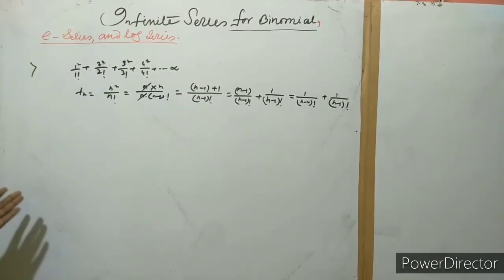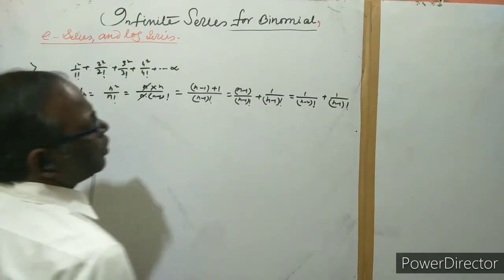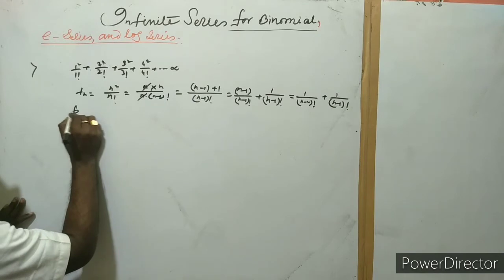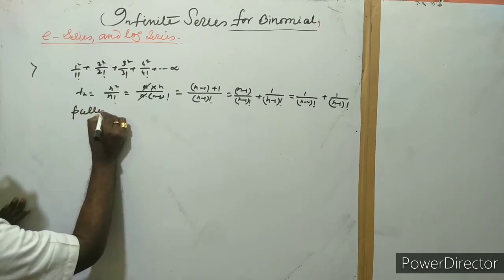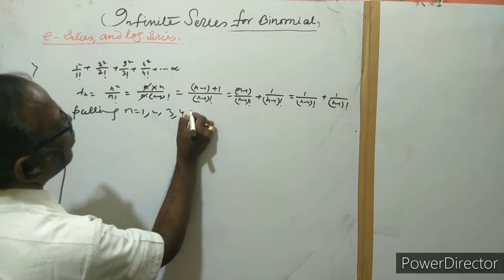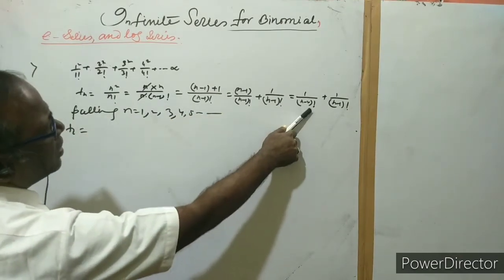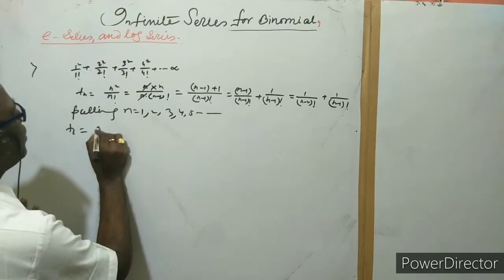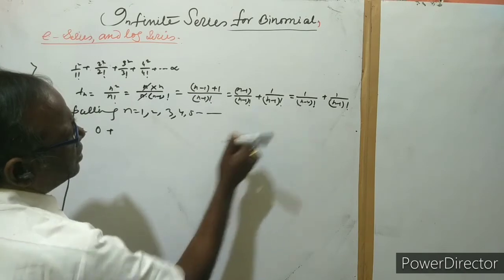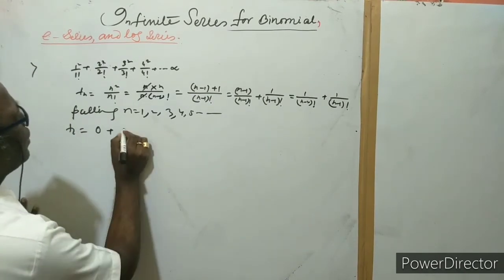And in the same system we can get two such terms, this is E and this is E. Now see how it is possible by putting 1, 2, 3, 4, 5 and so on. Now see T1. If you put 1, this is negative factorial, this is infinity, 1 by infinity is 0 here. 1 by factorial 0 means 1 here.